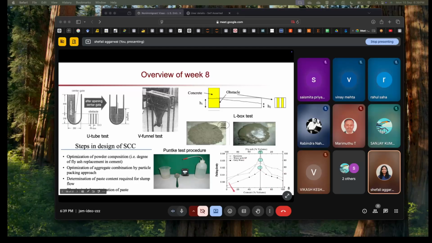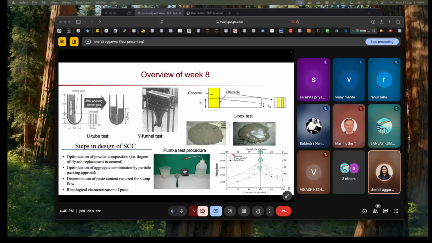If we see here, they are talking about cement percentage and fly ash percentage. Your cement percentage is increasing, fly ash percentage is decreasing. So we see how your packing density is changing, with only water, then water with SP, and only kerosene.